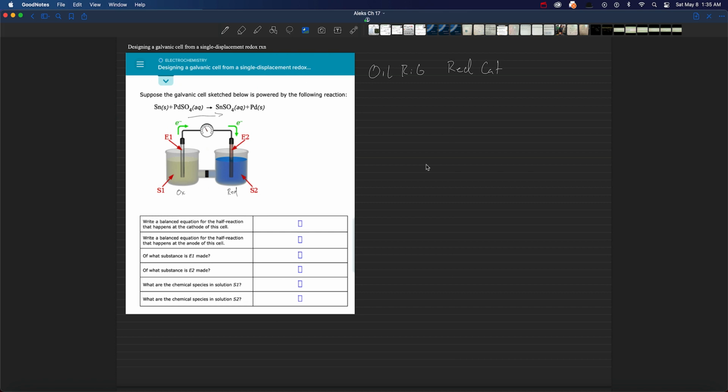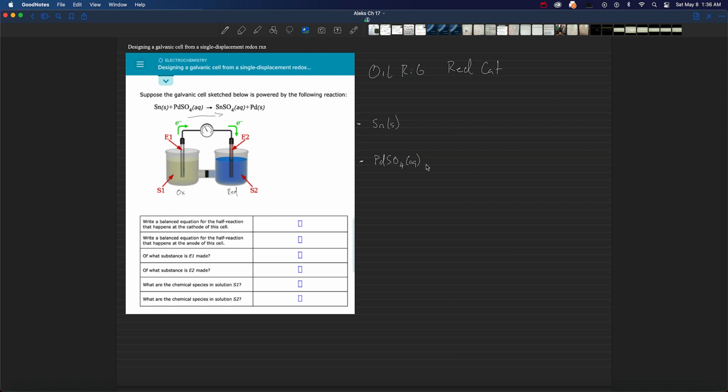So essentially what we want to do is divide this into the two half cell reactions. The easiest way of doing this, we're going to separate the two reactants. So we'll have Sn solid here on the first line, and on the second line, I think this is PdSO4 aqueous.